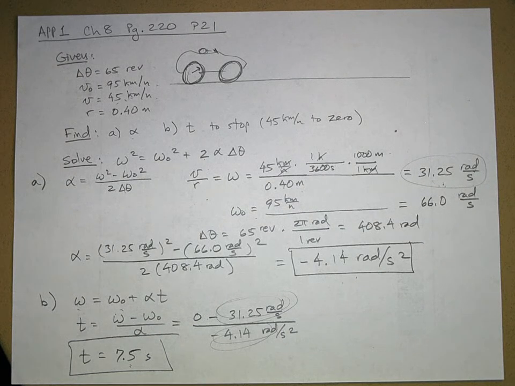They're all related by V equals R omega, A equals R times alpha, and so on. Any questions? That is all.